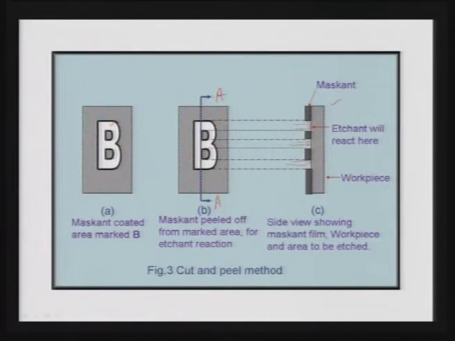Because there is no maskant, the chemical reaction between the etchant and the workpiece material will take place. So, it is clearly shown in the side view showing the maskant film, workpiece and area to be etched. This kind of masking can be done either by the cut and peel method or even with the help of screen printing.